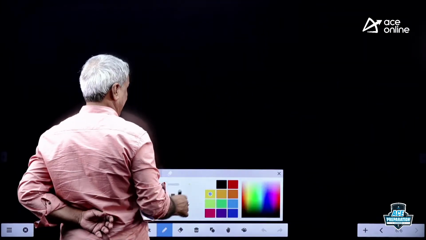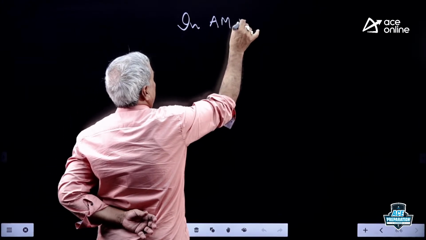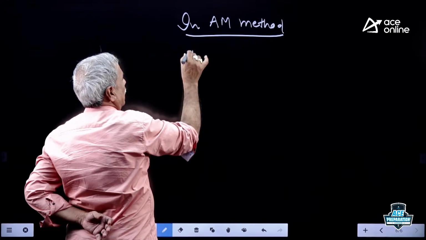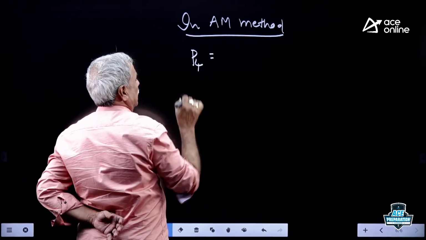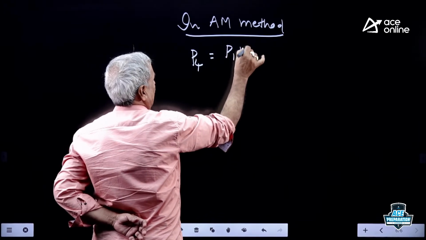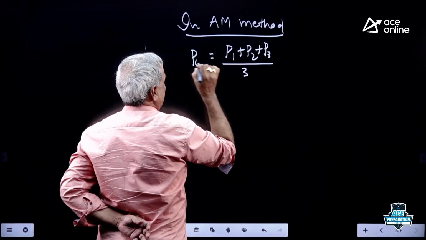In arithmetic mean method, P4 is missing because all are in the closed region. So simply P1 plus P2 plus P3 divided by 3.